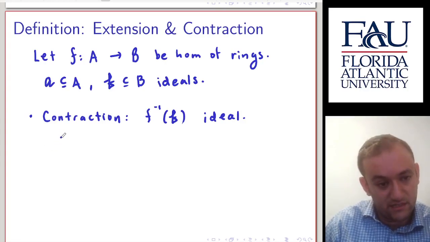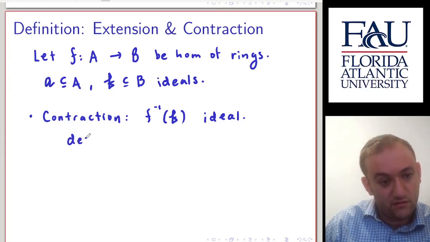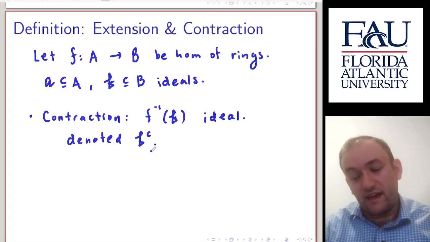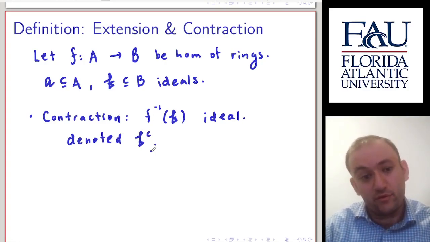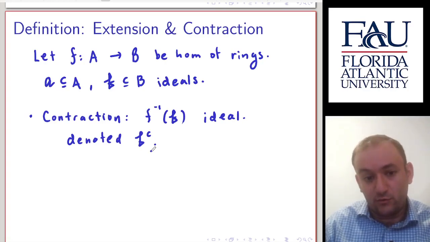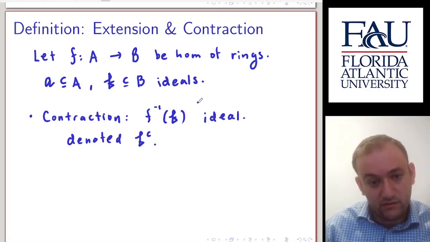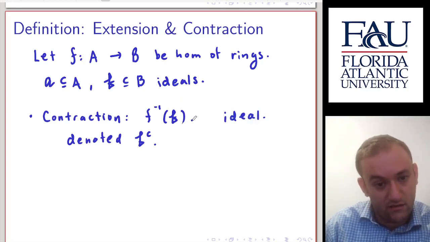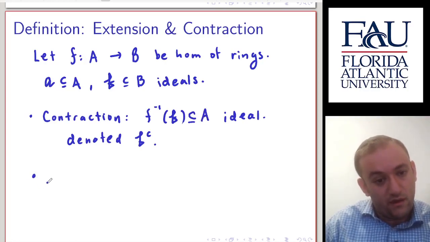And sometimes this is denoted 𝔟^c. So you're contracting that ideal 𝔟 back along the map and looking at the ideal in the original ring. Let me clarify that this is contained in A.